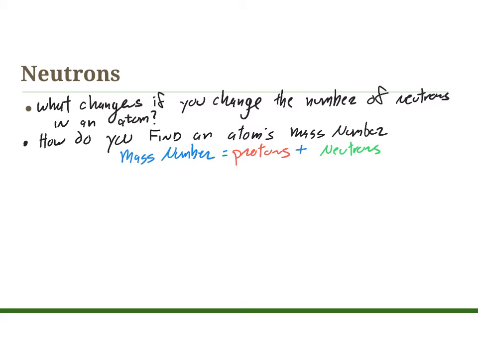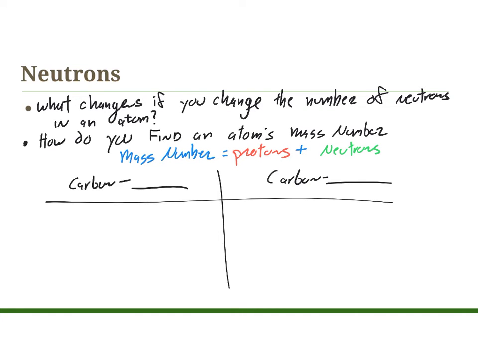So if we have an atom of carbon, and another atom of carbon, and I say that in the first atom, protons are equal to 6, and protons are still equal to 6, and the electrons are equal to 6, and the electrons are equal to 6.